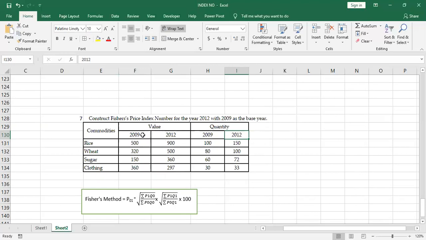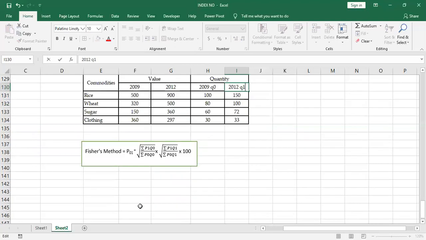So now we will name Q0 and Q1, because 2009 is the base year, so Q0 will be 2009 and 2012 will be Q1.